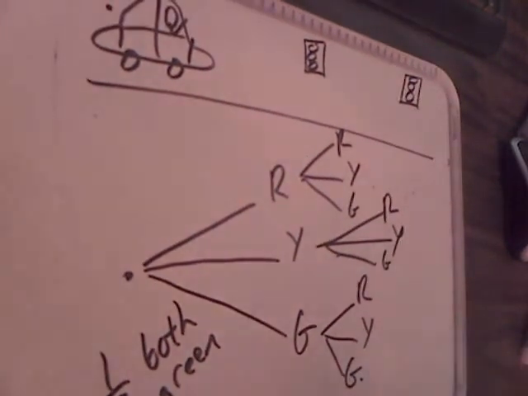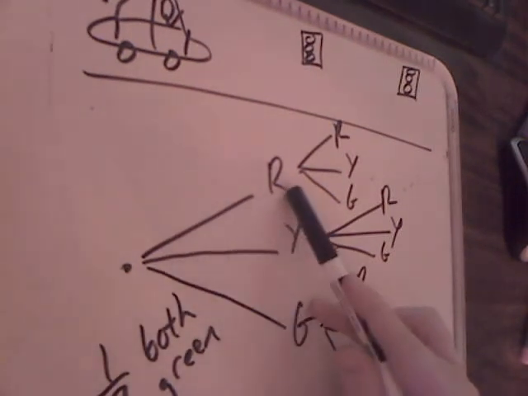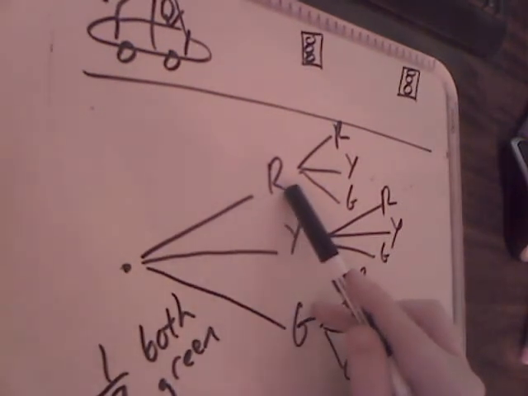What if the driver really doesn't like yellow lights, and wants to know the chance that the driver might go through and hit a yellow light? Doesn't matter which one it is. Well, here's a red light, but we don't know that's only one light. We want to see what happens about the other light.